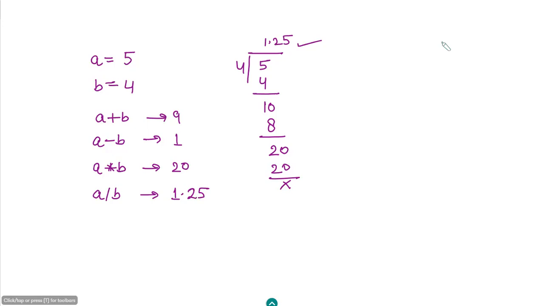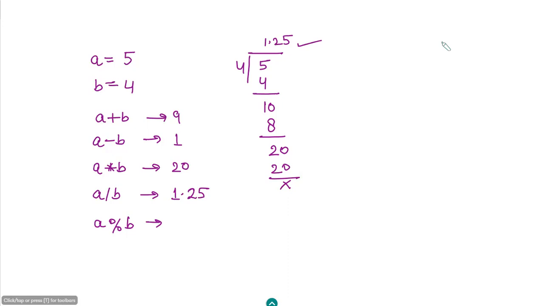So let's take these variables. If I calculate mod of A and B, then what will we get? This operator always returns the remainder of the numbers. So what is the remainder of this number?